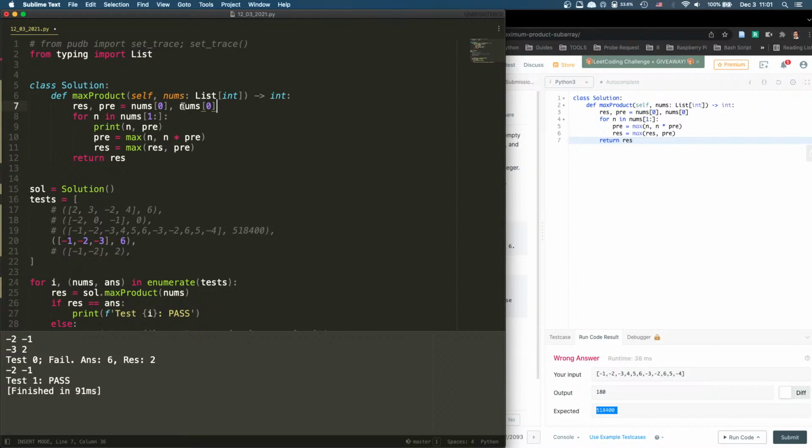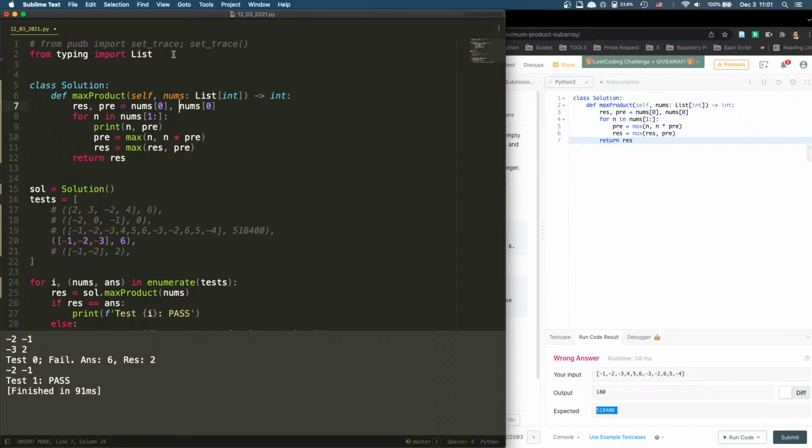The pre equals to, I need two values, depending on whether it's positive or negative. We can start with none and none, right? And say, looking at it, if I am a negative value, and both are none, then it's going to be me.